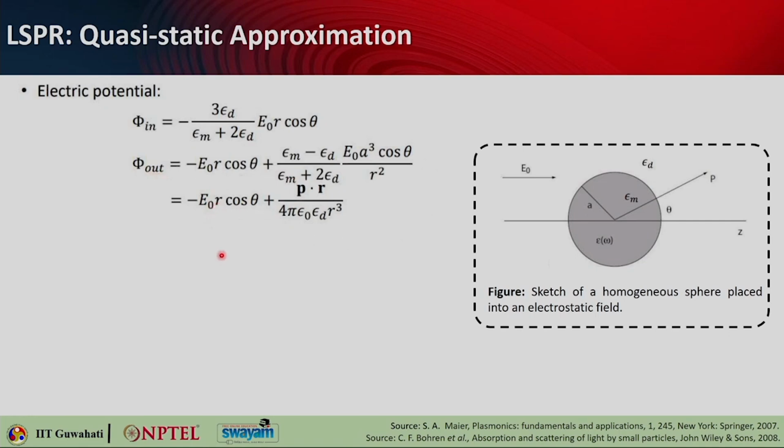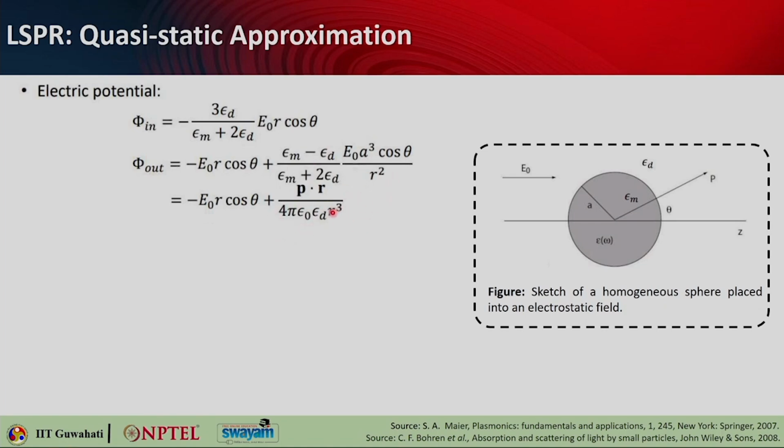Now, there is something interesting in this particular expression of potential outside the particle. So, if you see, there is a distinct contribution coming from the electric field, which is the incident electric field, that is fine. And then there is an extra component that is coming into the picture from the particle's point of view.